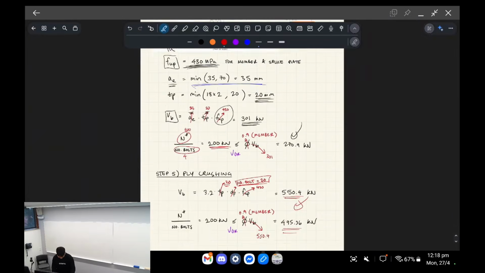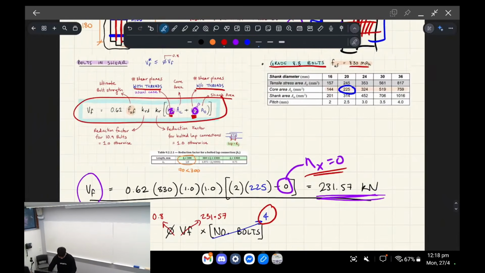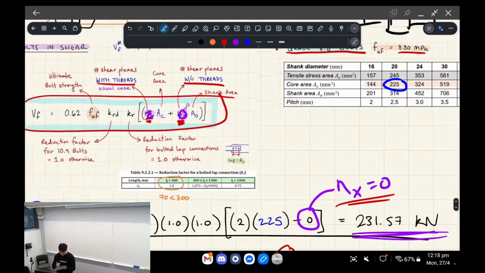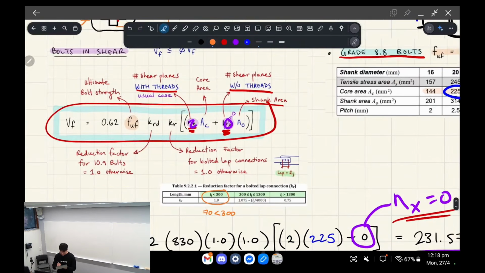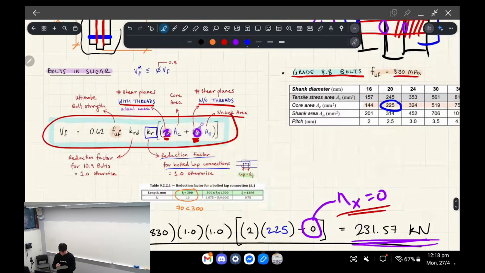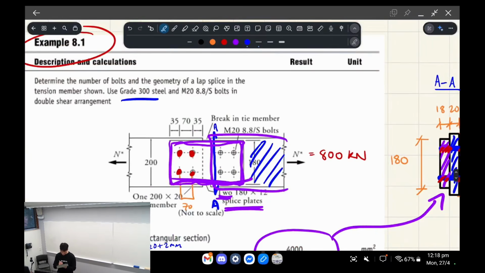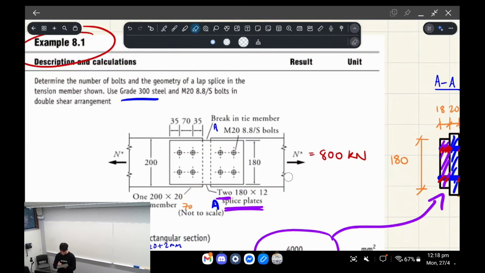One more thing I'll note is the lap distance. Damia mentioned and talked about this formula in her part, right? But for this part, KR, the reduction factor for lapped connections, if you look at this question and the setup, you might initially think that you're taking the lap distance from here to here, okay? It doesn't even give you all the dimensions for it, like it doesn't give you this dimension here.